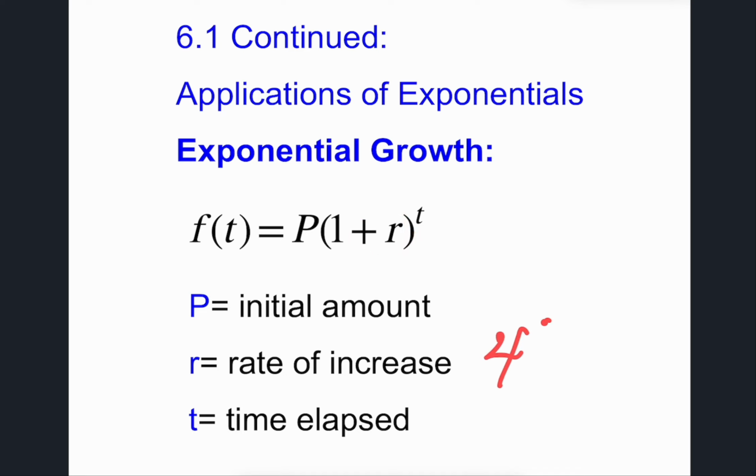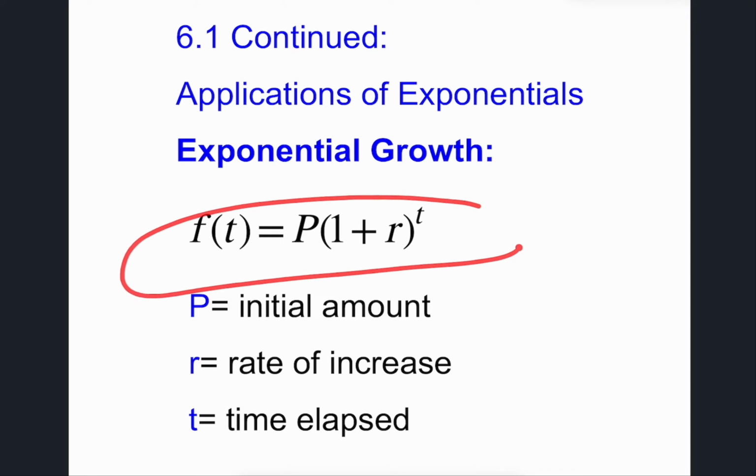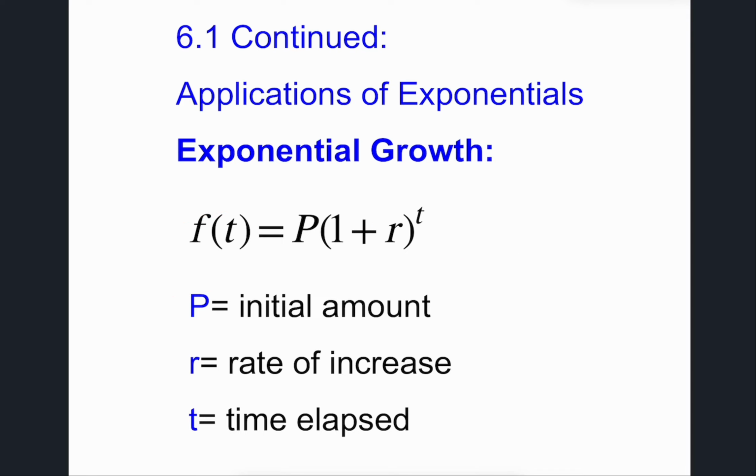So if they give it to you as 4%, just move that decimal place 2 over to the left to find the correct decimal. And then the time is how much time has elapsed. So this formula is really important. It ends up being plus the rate if we are growing exponentially. It is minus the rate if we are declining exponentially.